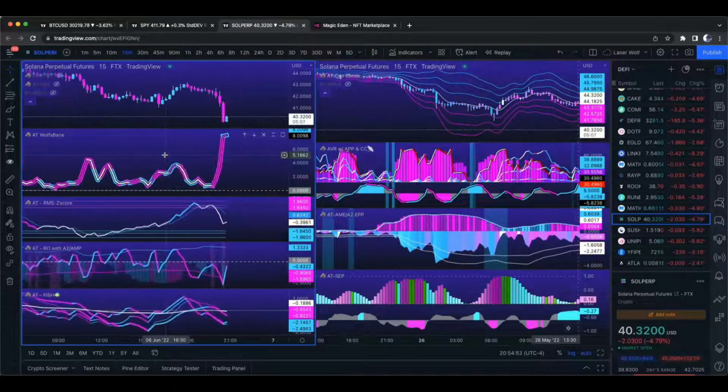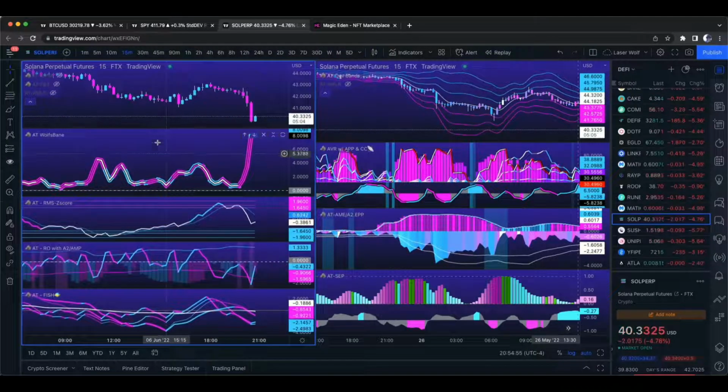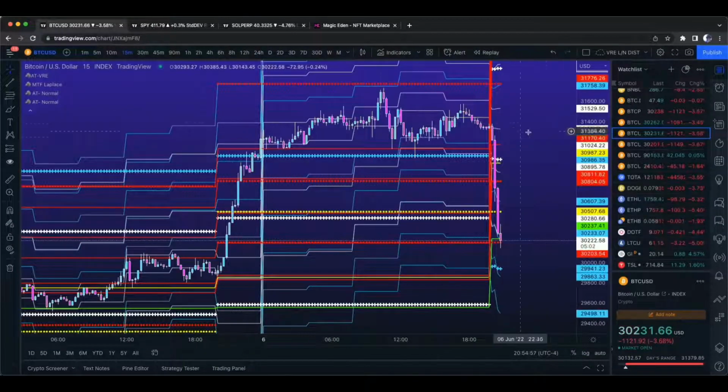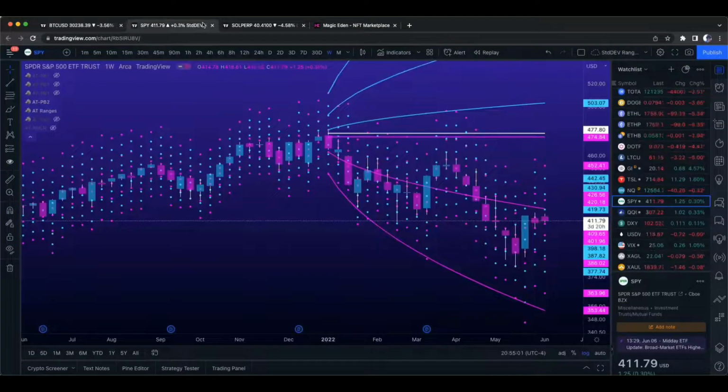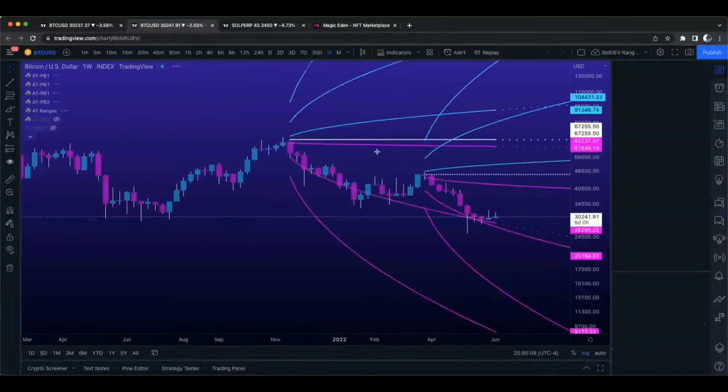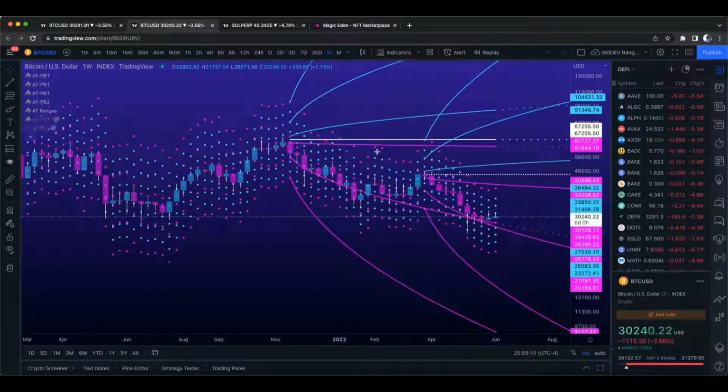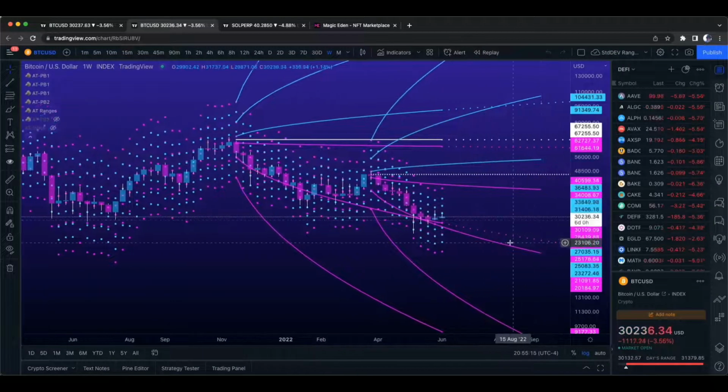We just bounced off the weekly Laplace. Let's see if we can get anything going here. Are you talking about the bottom of the weekly, or the top of the weekly 68 Laplace? We're back down to the top side of the 68.3 Laplace on the weekly.